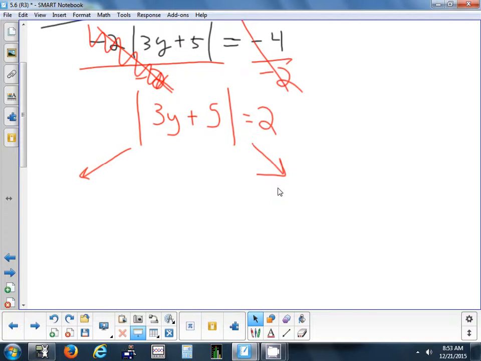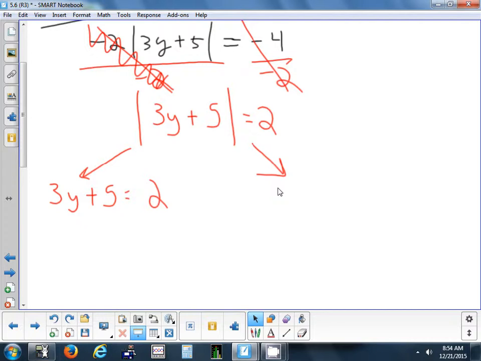Not really. Not really? All right, Alexis, what do I do? Split it. Split it up, okay. So what's one equation going to be? 3y equals 2. When I split it, the first equation that I write is the original equation.